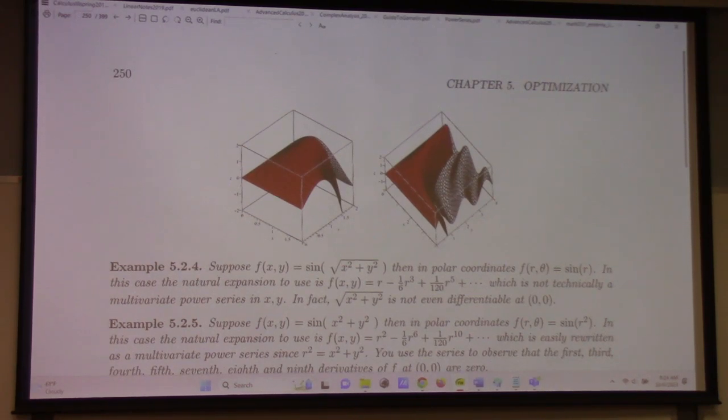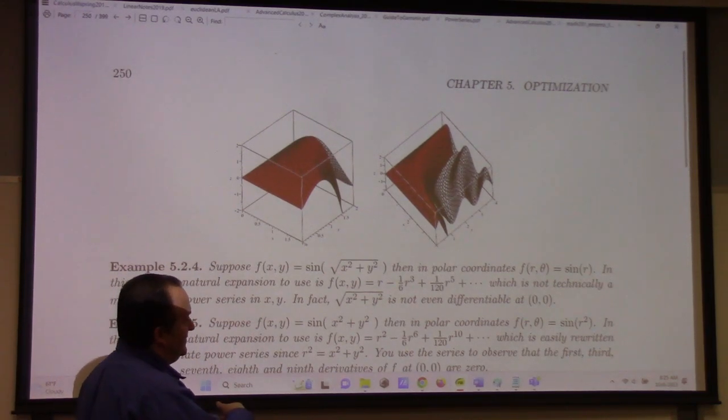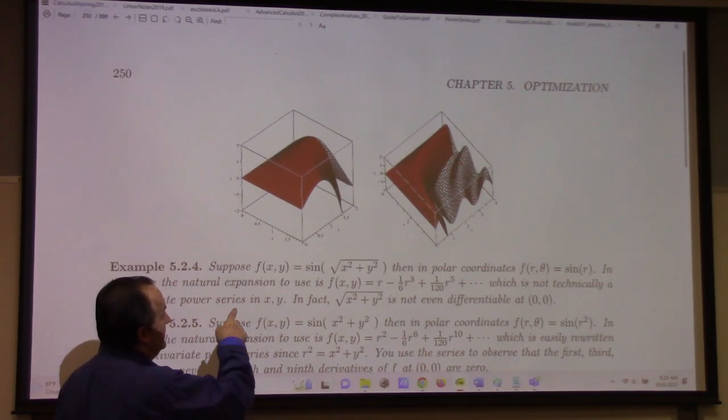So the red would be the terms in z equals xy minus, I think, 1/6 x cubed y cubed, right? So that's the approximating, goodness gracious, I guess it's a 6th order polynomial, the red part.